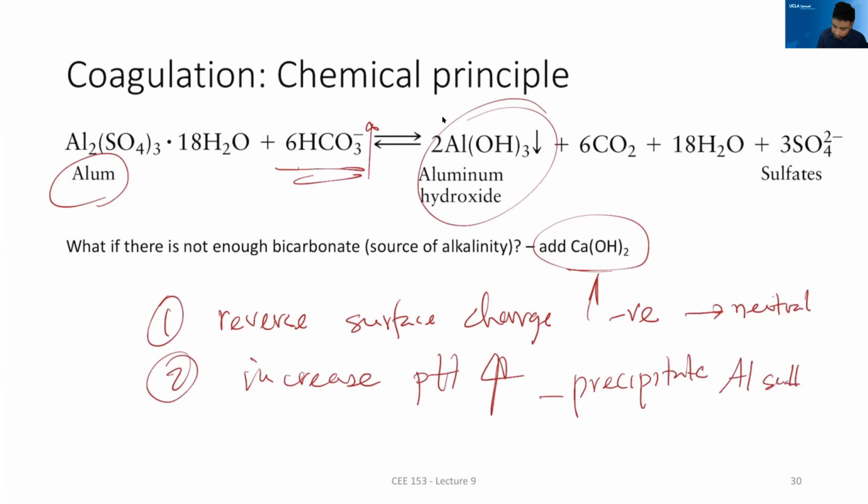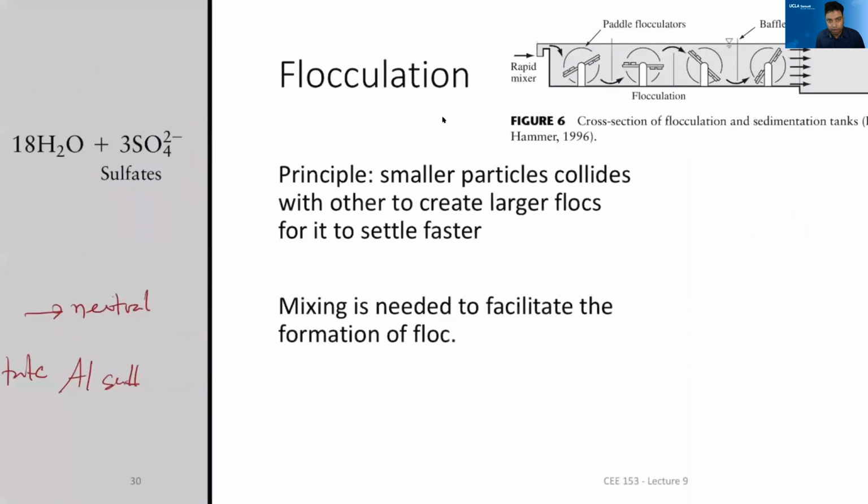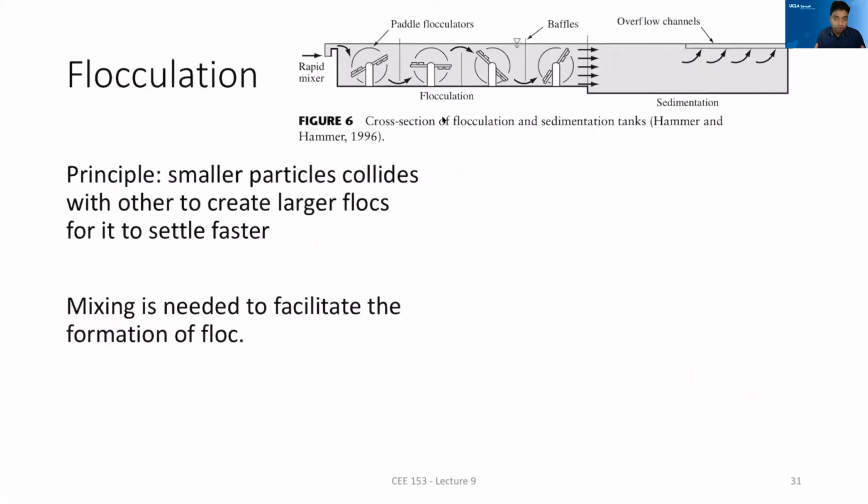This becomes solid, it will precipitate. And those fine precipitates are going to interact with other particles and settle out. Once you create that, you have to mix them together so that they can create large flocs. So all you are doing here is just mixing. This design is nothing, you are just mixing the entire thing.